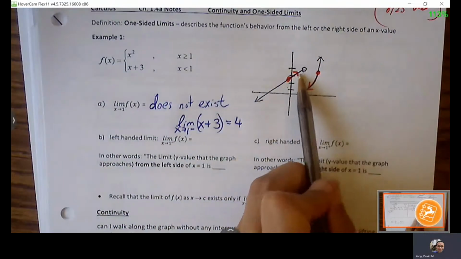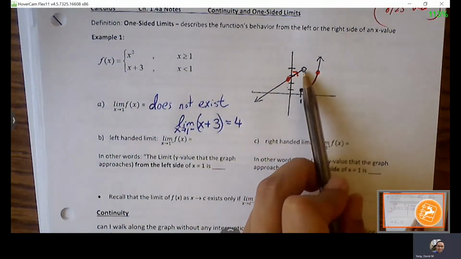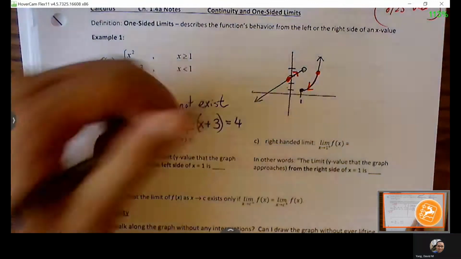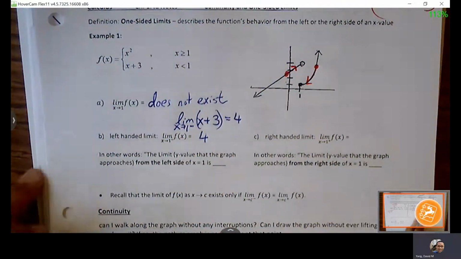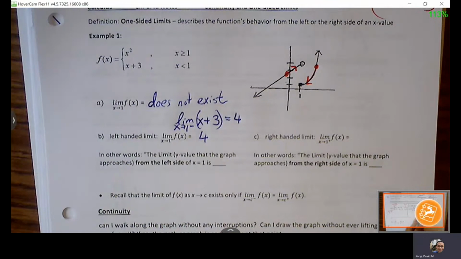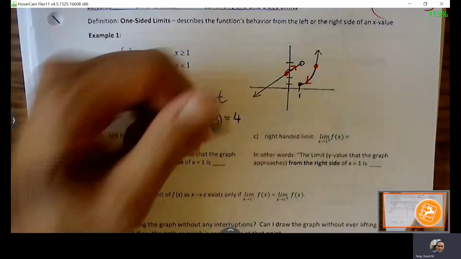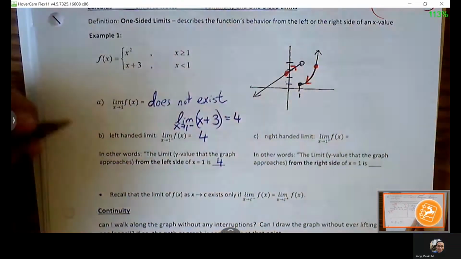We can tell this behavior from the graph, and we can also do it from an algebraic perspective. So in other words, the limit from the left side of x equals 1 is 4.